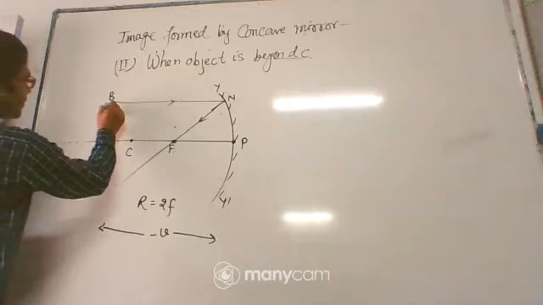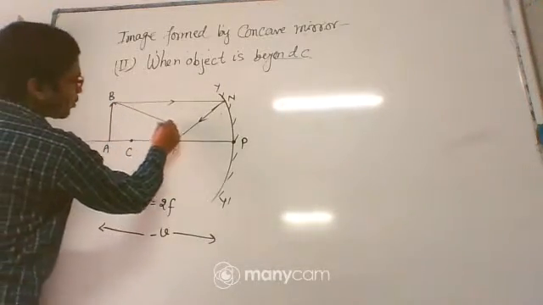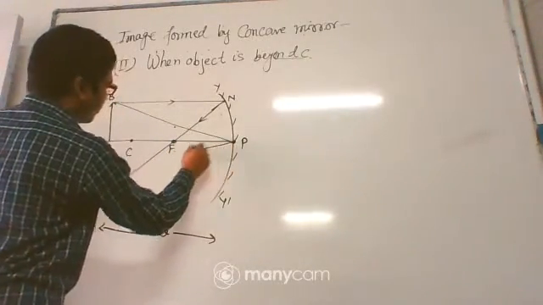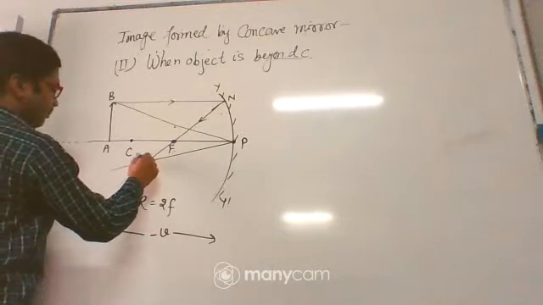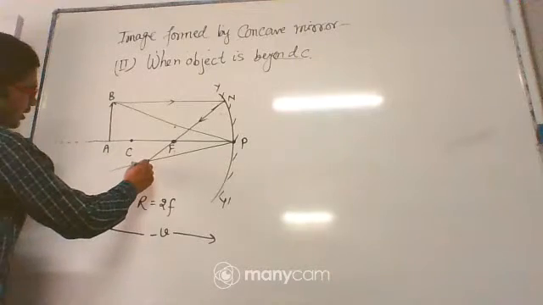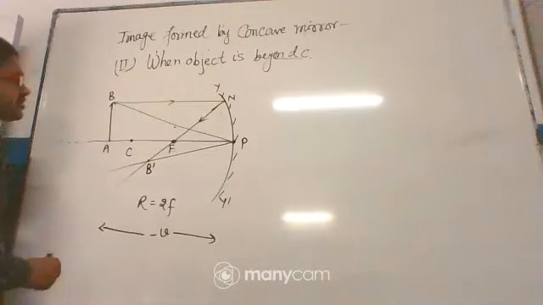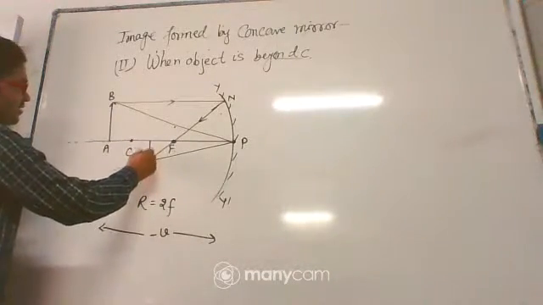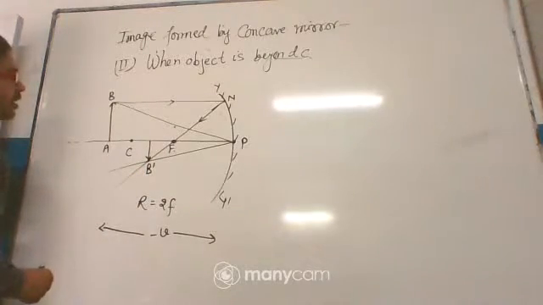Now one of the rays is coming toward the pole, is reflected from the pole and passes, and at point B dash it intersects the first reflected ray, that is the ray NB dash.